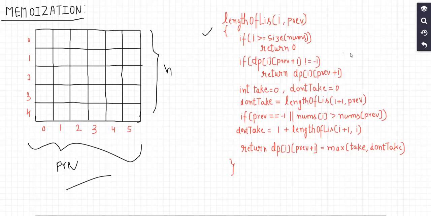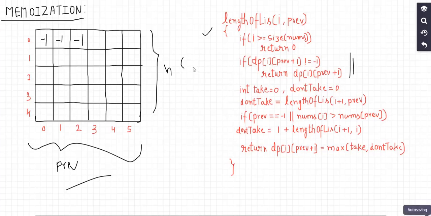All we did is, this is the case of memoization, so we initialize this array with -1. This is because we want to check whether the result for a particular index and previous pair is calculated or not.